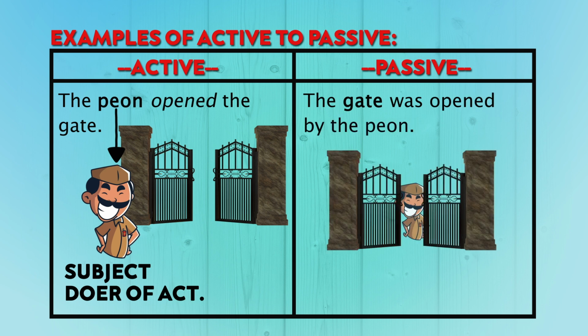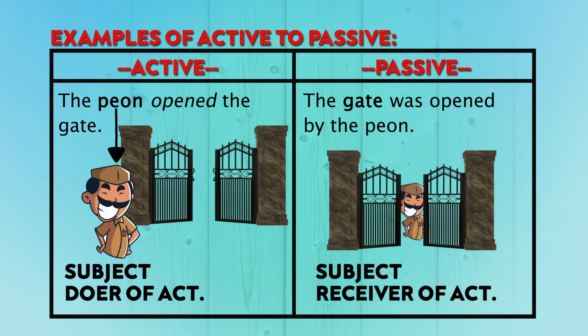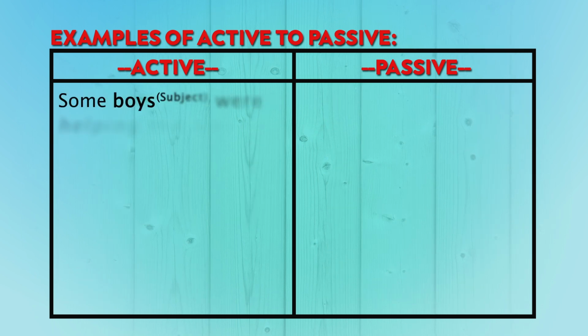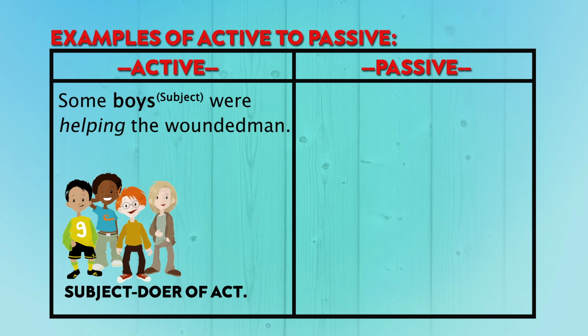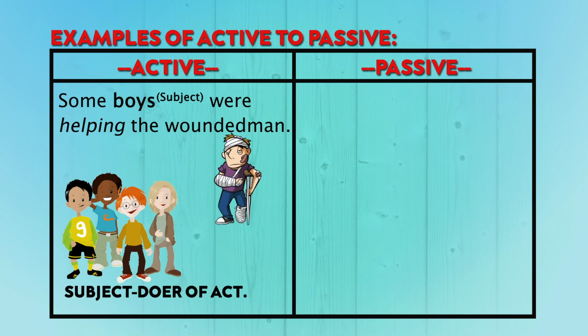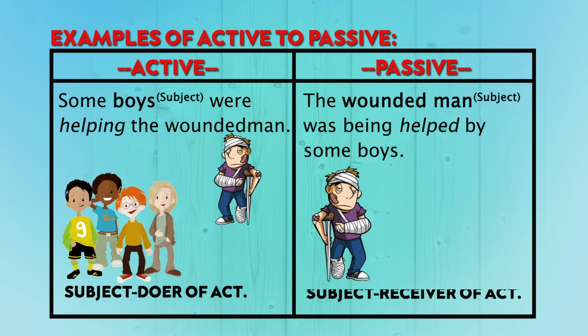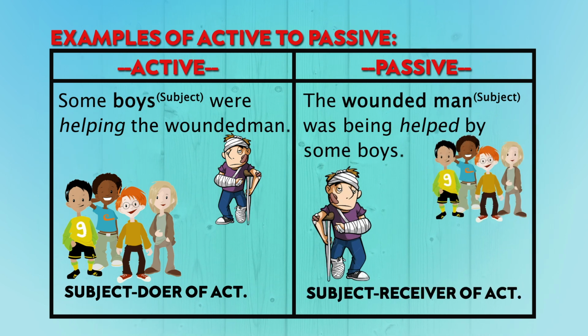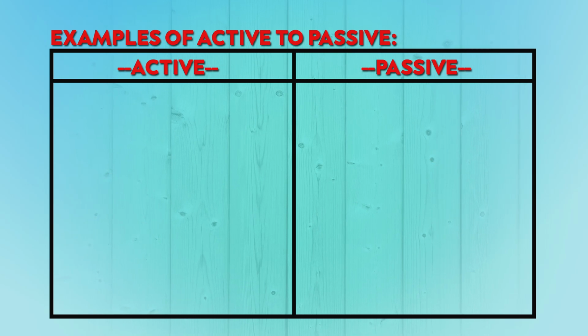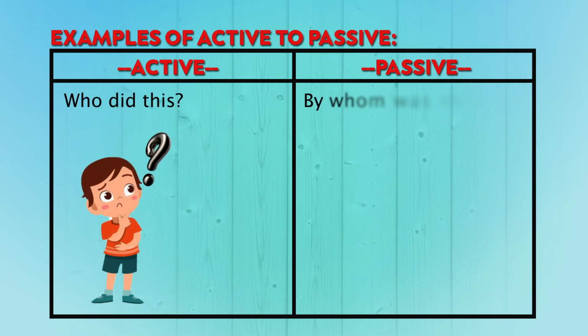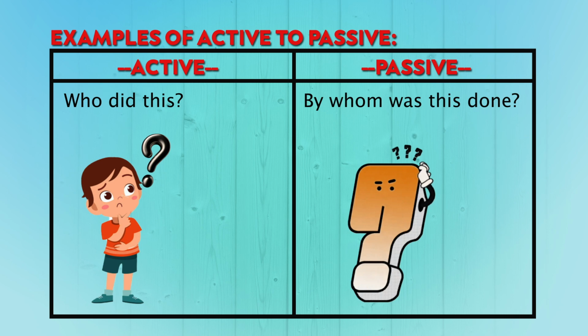The gate was opened by the peon. Some boys were helping the wounded man. The wounded man was being helped by some boys. Who did this? By whom was this done?